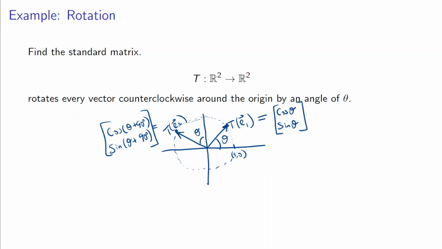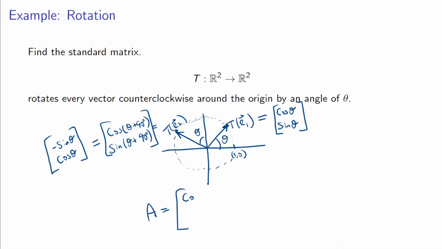We may recall from some trigonometry that the cosine of theta plus 90, one of our identities that we hopefully saw at some point in our math career, is equal to negative sine theta. And the sine of theta plus 90 degrees is precisely equal to the cosine of theta. And so T of E1 is cosine theta, sine theta. T of E2 is negative sine theta, cosine theta.